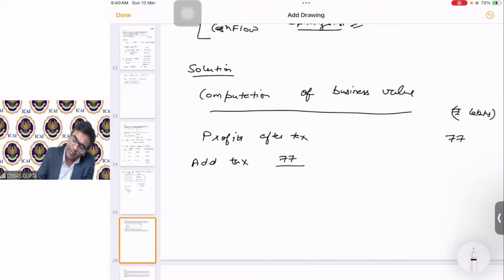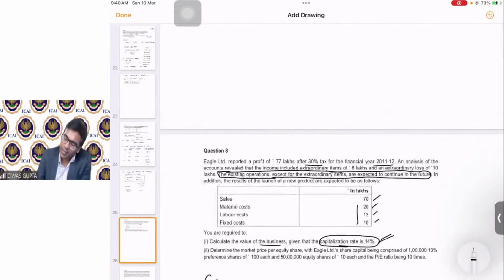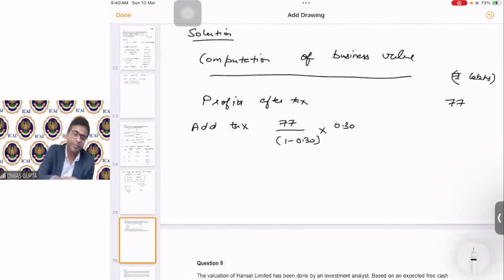So 77 divided by 1 minus 30%, which is 0.7, into 0.3. Correct? This is how we will calculate the tax value. It is 33 lakhs.